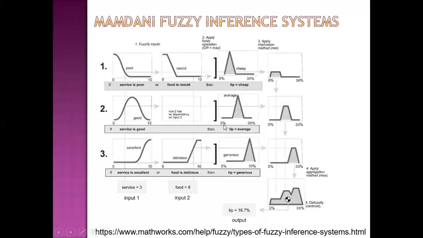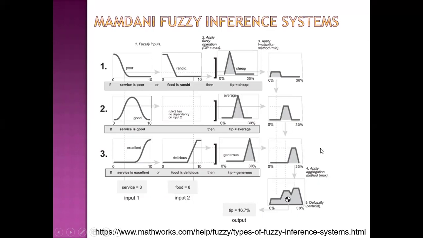So this is a beautiful illustration of the Mamdani fuzzy inference system I have taken from this internet resource. So this is how we combine two inputs to get an output, and finally we aggregate these fuzzy outputs to a crisp output by defuzzifying the output.